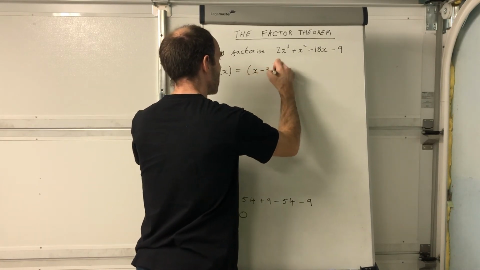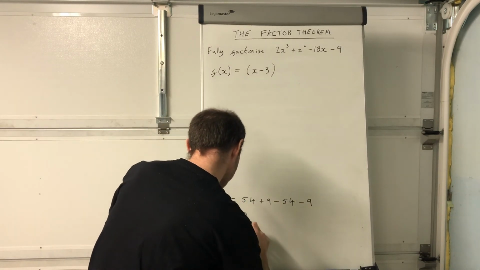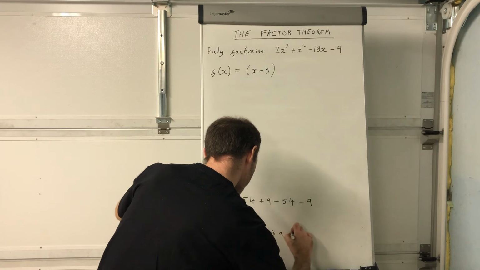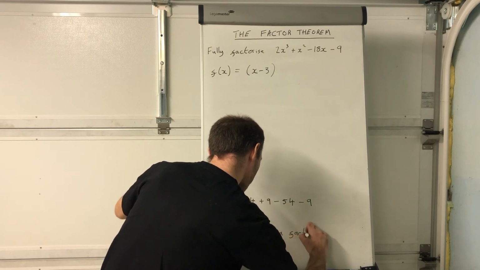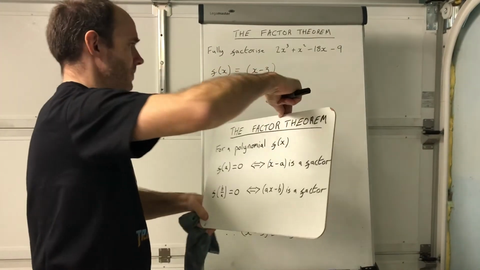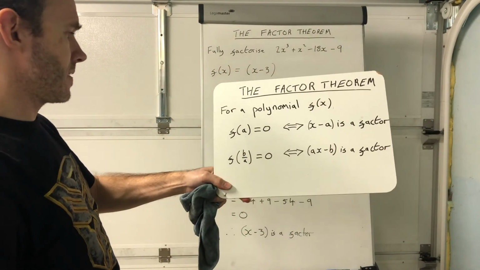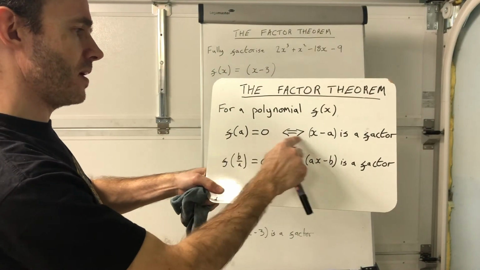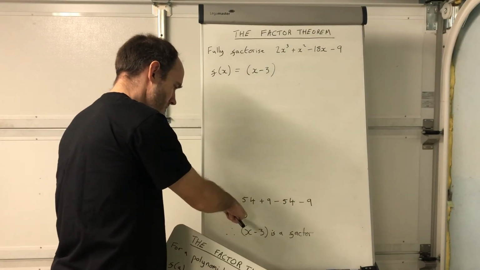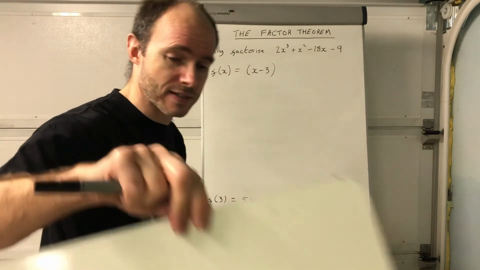Underneath this I'll write down x minus 3 is a factor, because it reminds you of what the factor theorem is all about. There it is: f of a equals 0 implies x minus a is a factor. So f of 3 equals 0 implies x minus 3 is a factor.